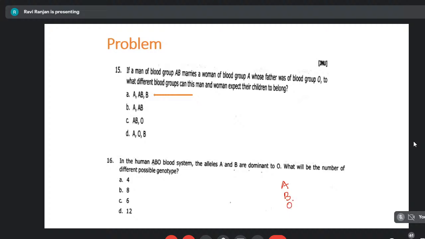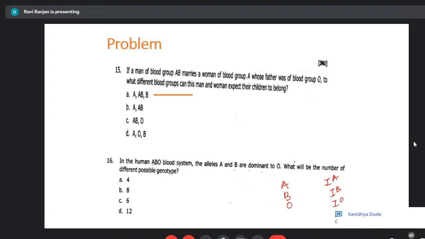These are the three multiple alleles responsible for a single character, that is blood group, right? So what are the different possible genotypes? IA, IB, and IO are there. How many are there? If they're responding, please let me know.